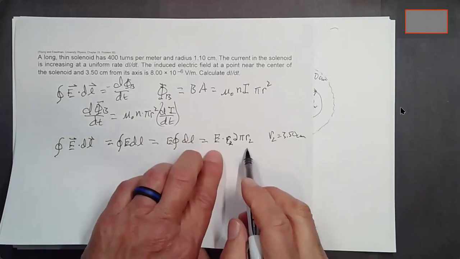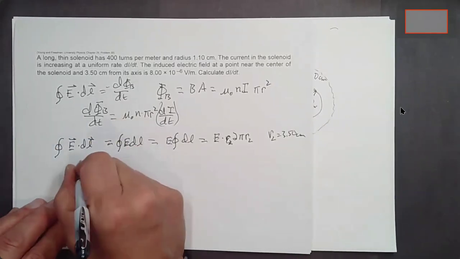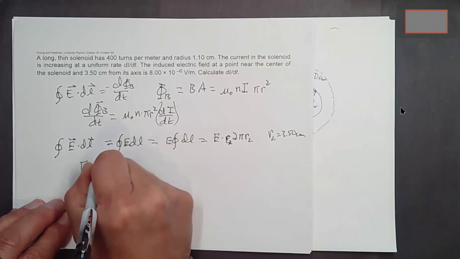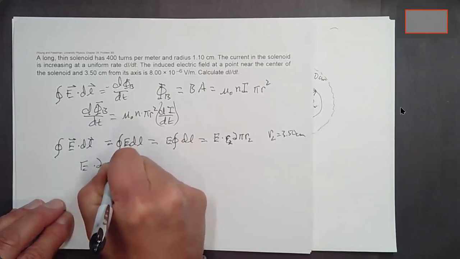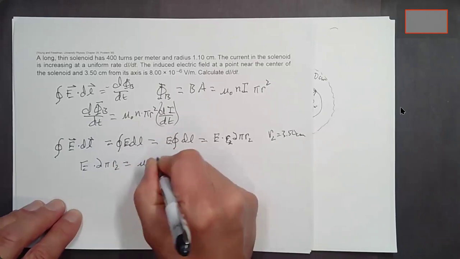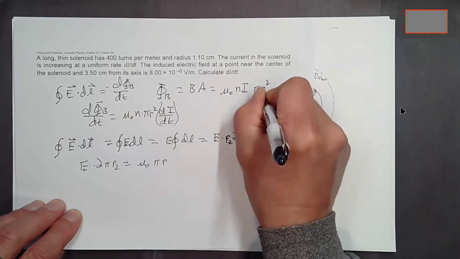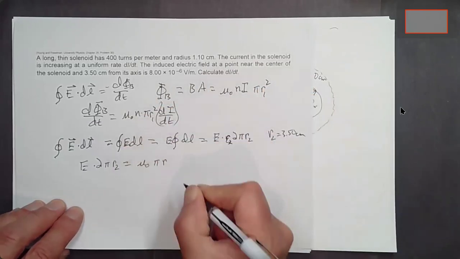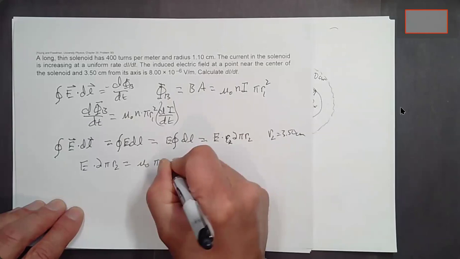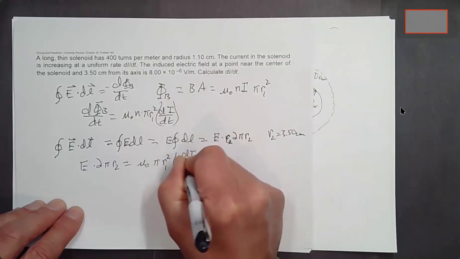Okay, but this is going to equal that. And so E times 2 pi R2 is going to equal mu naught n pi, I should call that one R1, R1 squared times di dt.